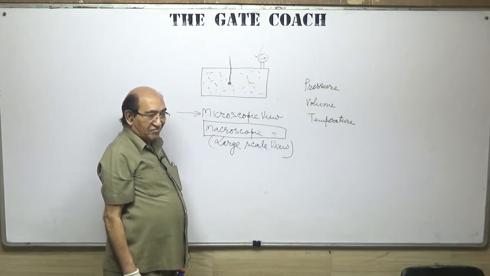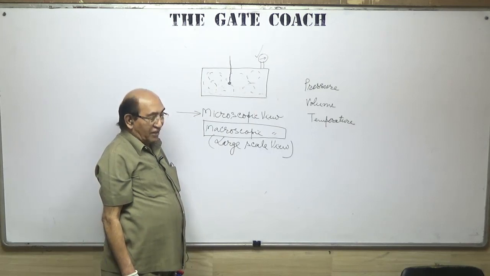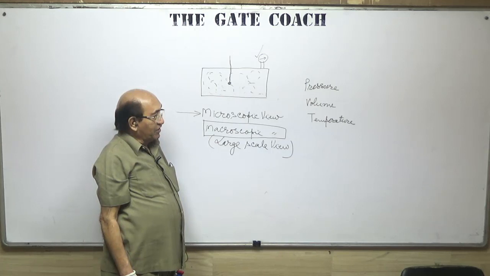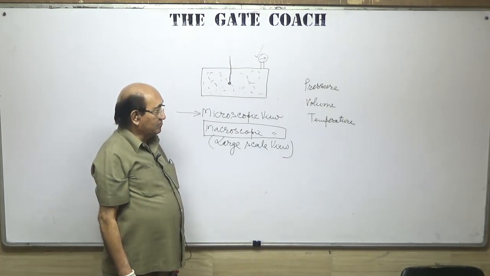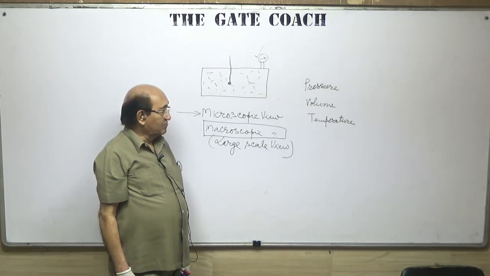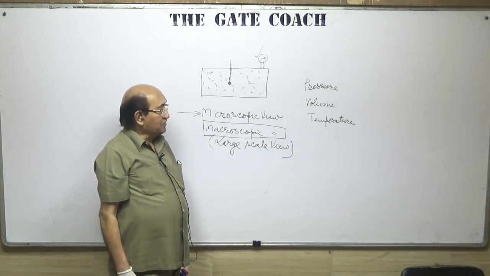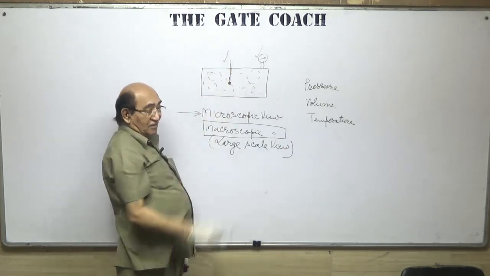Temperature. Temperature has to do something with the kinetic energy of the molecules. Molecules moving with higher velocity will exert higher temperature, less velocity, less temperature. Again molecules are coming into the picture. Whereas for temperature, we have to put a thermometer and read the temperature.